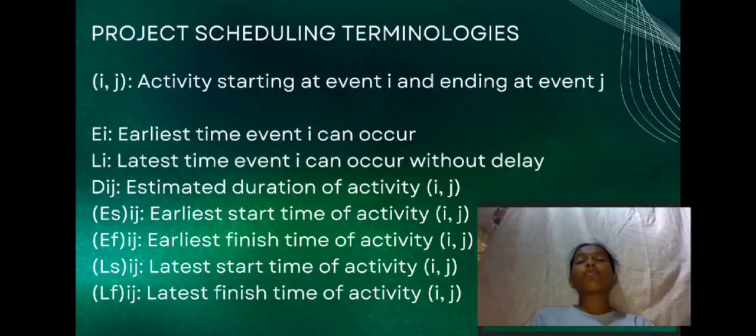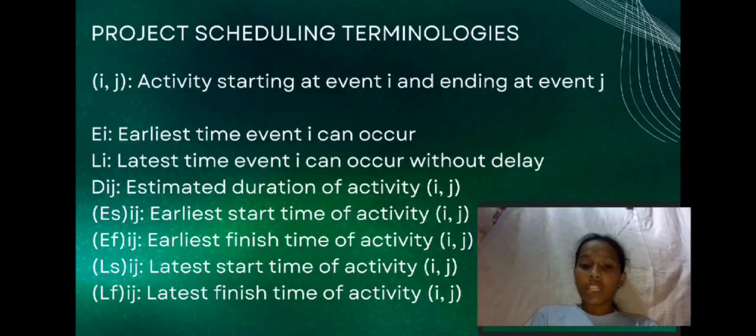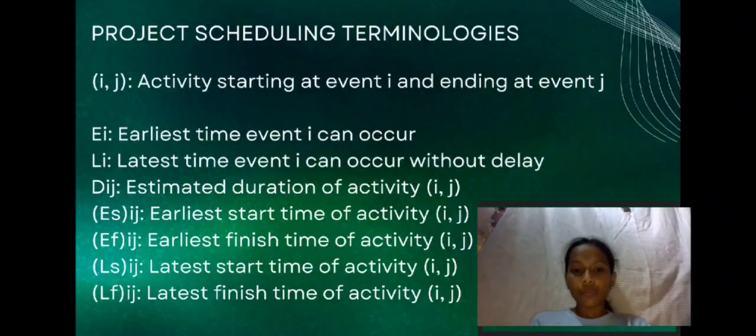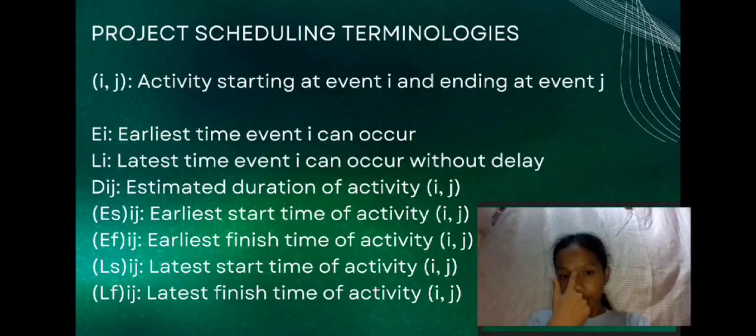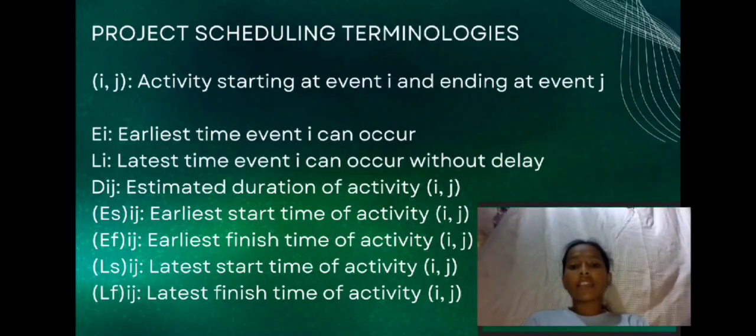Now, let's move on to project scheduling terminologies used in network analysis. Activities are represented as IJ, where I is the starting event and J is the ending event. EI is the earliest time event I can occur. LI is the latest time event I can occur without causing project delay.